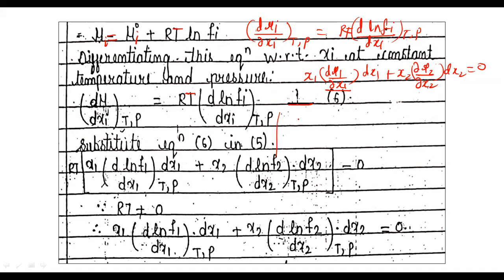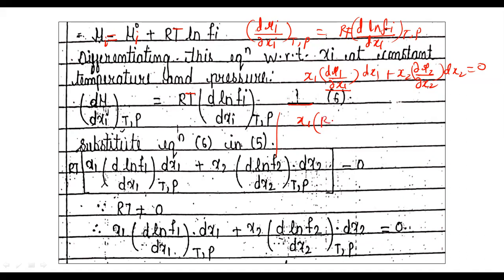So we can write here x1 into, so this is RT. Because delta mu 1 upon delta x1 at constant temperature and pressure is equal to this term.